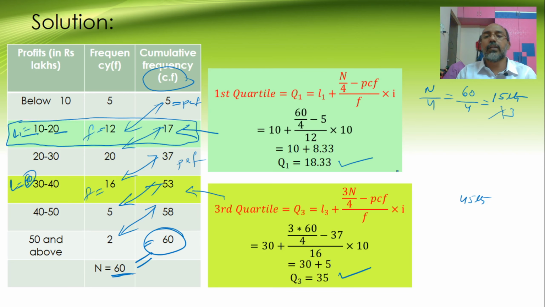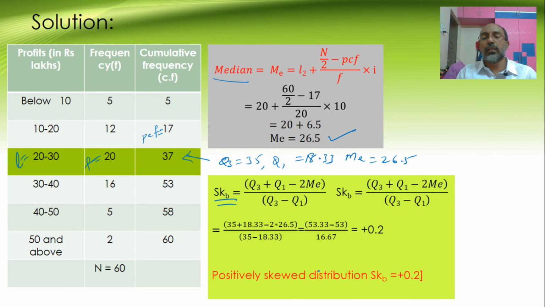These values have to be substituted in the SKB formula. By doing all the simplification, you get 53.33 minus 53, so only 0.33, divided by 16.67.